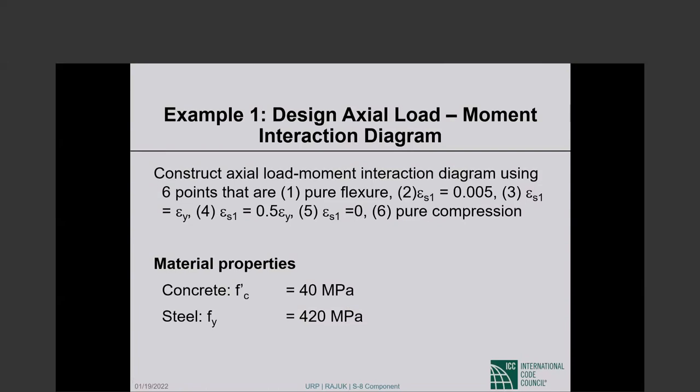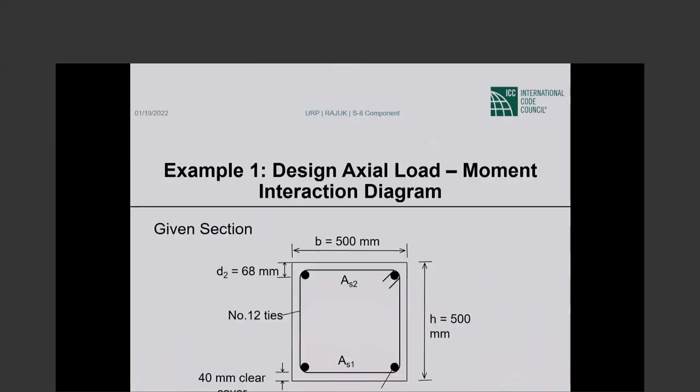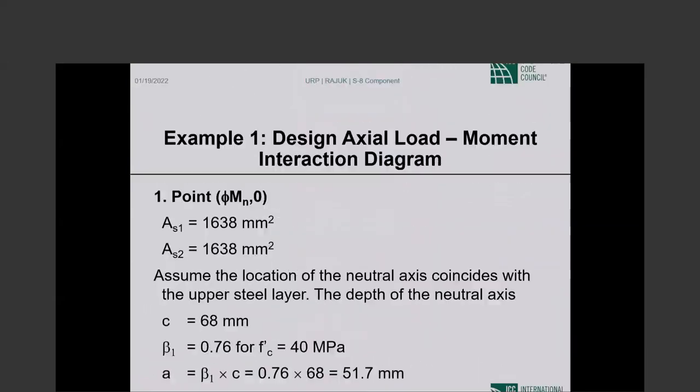Okay, so 0.005, this is 0.002, this is 0.001, this is 0. So strain in the tension steel is decreasing as we go. And then pure compression. Remember, 0.003 across the whole section. Concrete 40 MPa, steel 420 MPa.